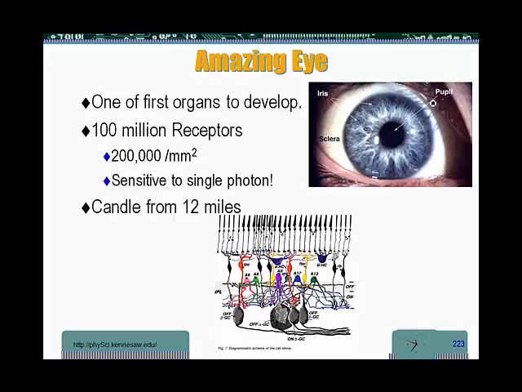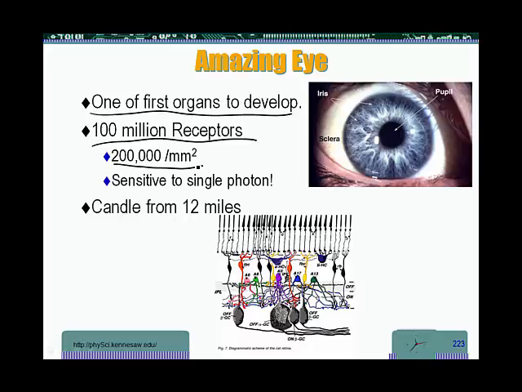Interesting things about the eye. It's one of the first organs to develop when babies are being conceived. An amazing thing, it has about 100 million receptors. That's 200,000 receptors per millimeter squared.